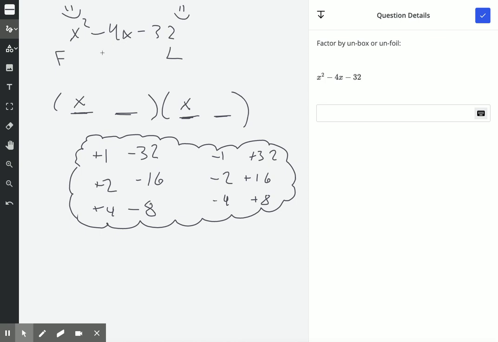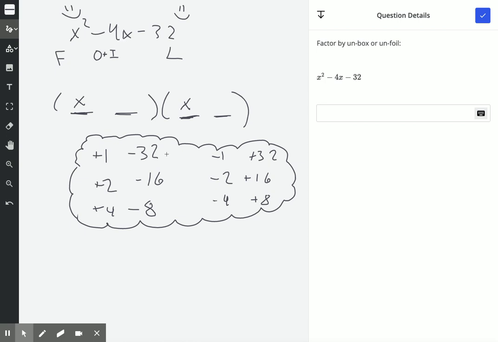Now, where does my middle term come in? It turns out that O plus I get me my middle term. These will be like terms, since this is x to the first, x to the first, so I can combine them. My outer and inner in FOIL are going to get me, hopefully, my middle negative 4x.